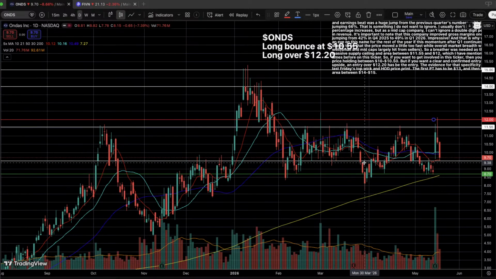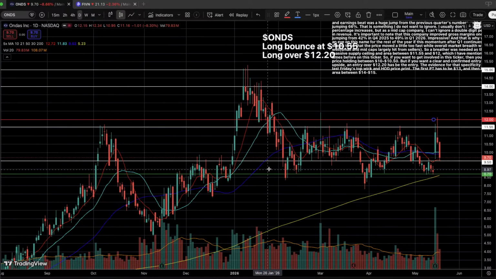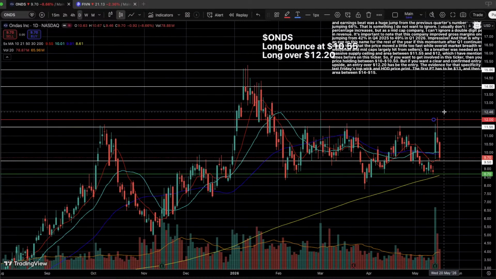Okay, with that being said, this massive base basically began when share prices topped out in October 2025, and we've still been stuck in this range since October of last year. So this is a month-long base between $8.70 and $12.